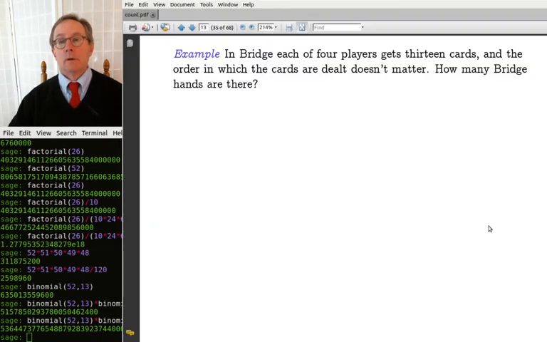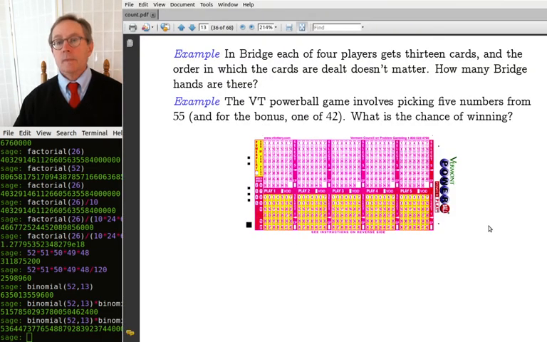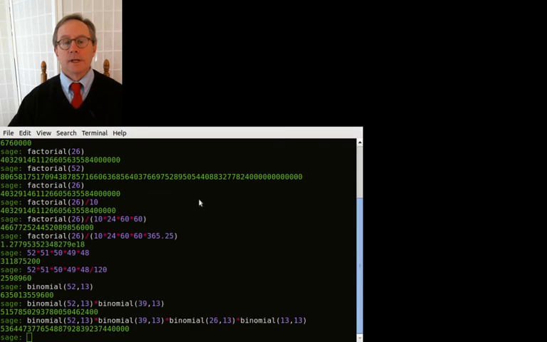Vermont Powerball. The Vermont Powerball game involves picking 5 numbers out of 55, and for the bonus, 1 of 42 numbers. I've never played Powerball, but that's what I read online. What's the chance of winning? And of course, I grabbed the card from an online picture. So let's see. I'm looking at 5 numbers from 55, and 1 out of 42.